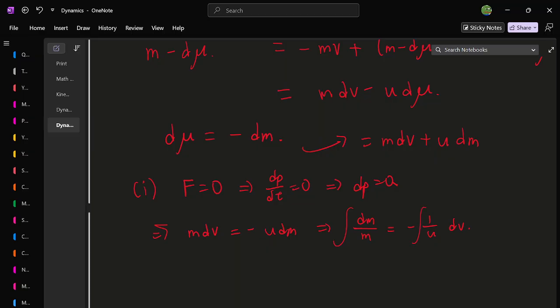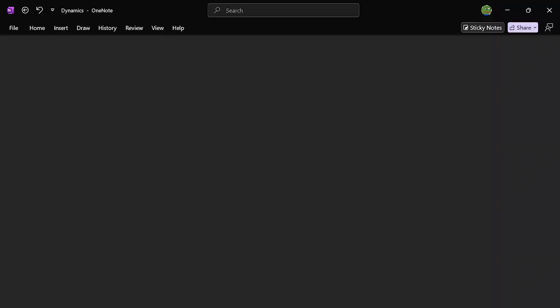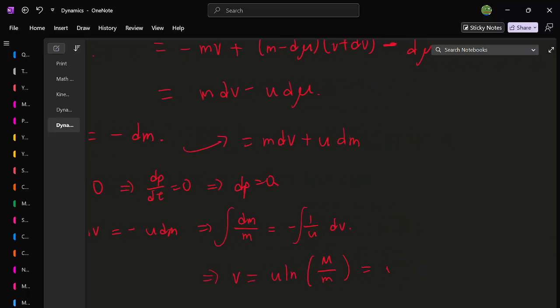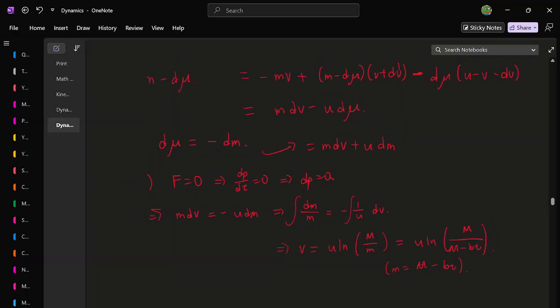We can integrate both sides, and after some rearrangement, you should get v equals u ln big M over small m, which is just u ln big M over M minus bt, because m equals big M minus bt. So that's for zero gravity.